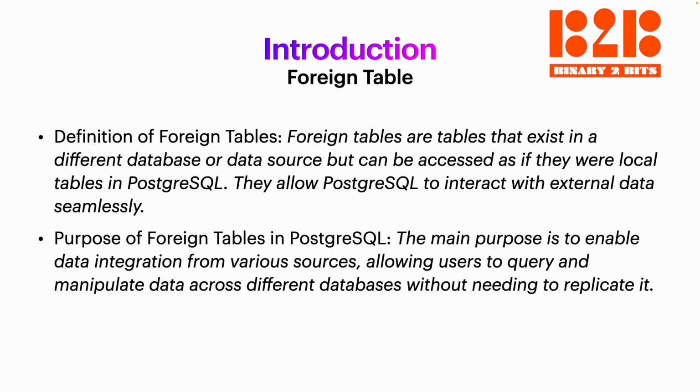So actually what it does: if we have some other tables or data in other storage, like another database, file storage, or object storage, we can access that data in our PostgreSQL on the fly by creating a normal schema in our PostgreSQL, which is known as a foreign table.